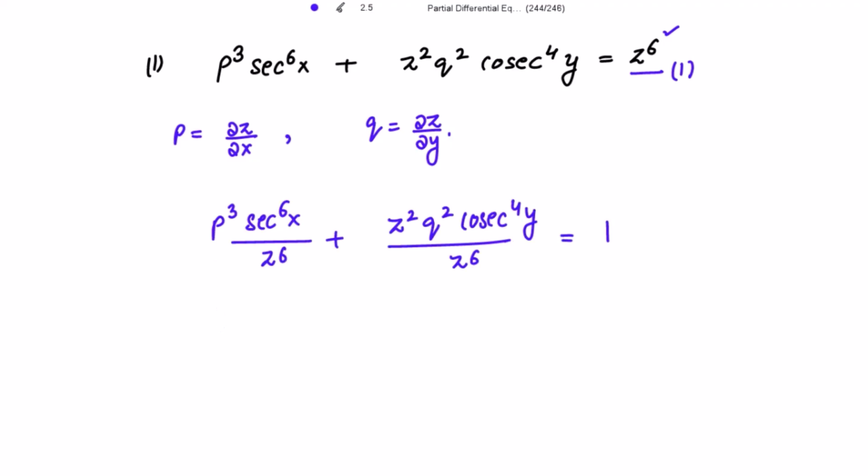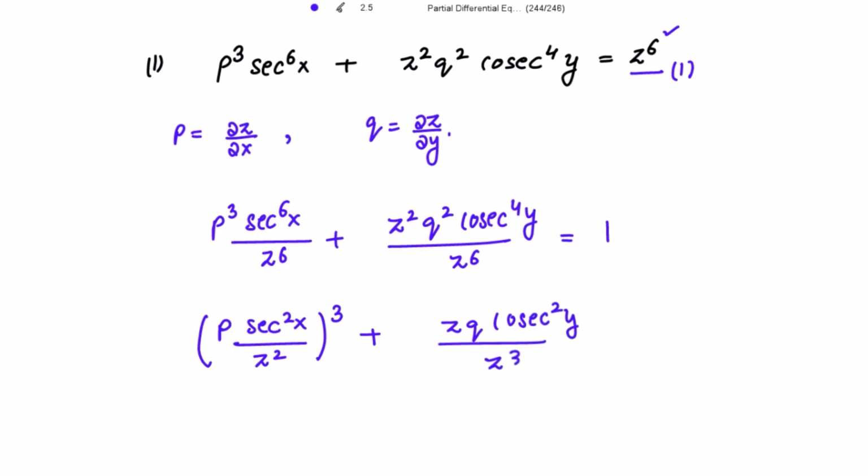And let's take the cube of p⁴x divided by z², and let's take the square of z²q²cosec⁴y divided by z³. We are taking the square of this equals to 1.